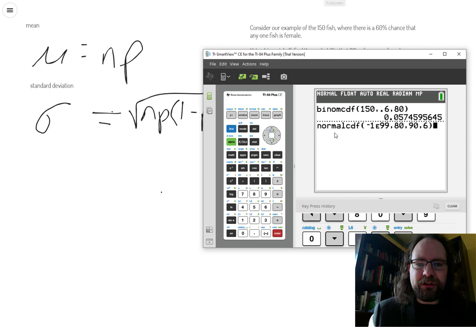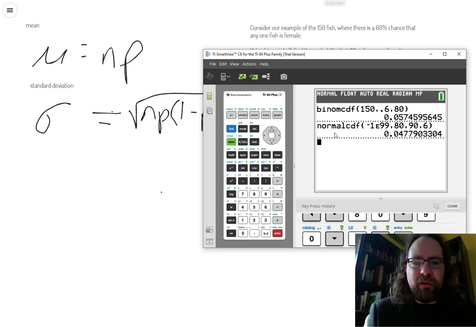So this answer should be close to what we got for binomial CDF, because as we saw on the Desmos activity, in this case with a p of 0.6 and an n of 150, the normal curve looks pretty close to the binomial distribution. And it is pretty close. So the normal CDF gives us a little less than 5%.